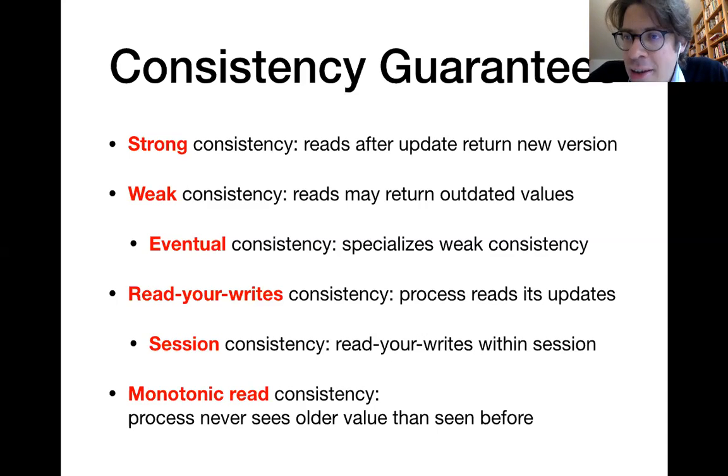There's also a specialization called session consistency, which is essentially read your writes consistency within the specific context of one session. There's also a property called monotonic read consistency, and that essentially means that once you have seen the most recent value once, you will never see an older version when reading more. So those are some consistency properties, but there are many others.